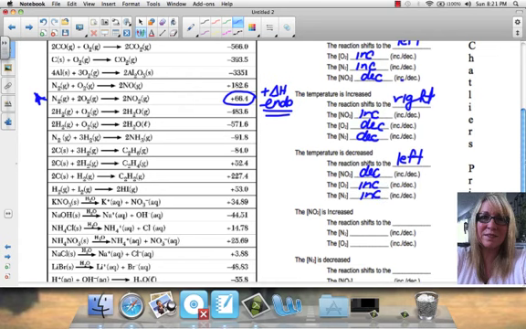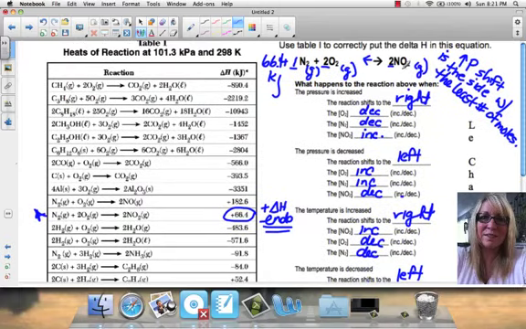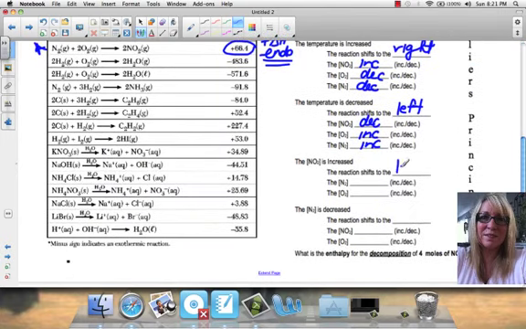Now, what about if I increase NO2? NO2 is on the right, so if I squeeze the balloon on the right, it's going to shift to the opposite side. So that means it's going to shift to the left, and that means we're going to have more N2 and O2 because the NO2 will break down.